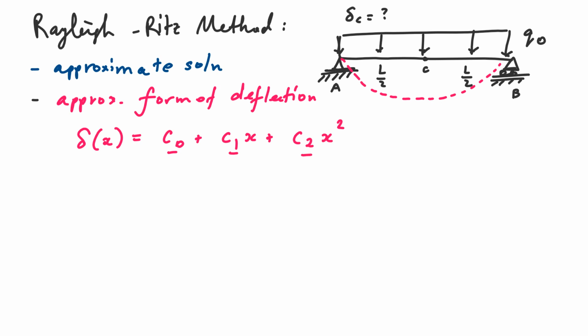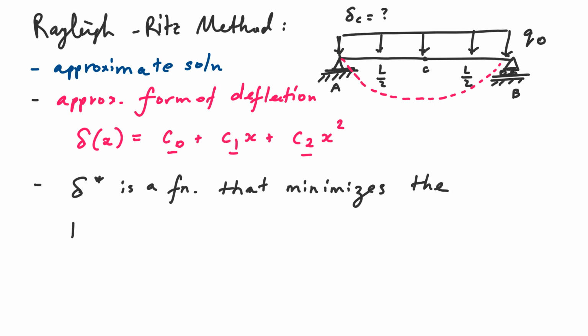Correct? Now, what is the principle of the Rayleigh-Ritz method? Well, the principle is stated exactly, it says that the function, the correct approximation, call it delta star, is a function that minimizes the total potential energy.